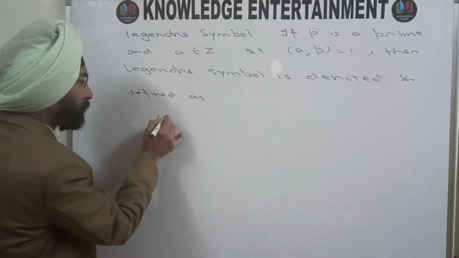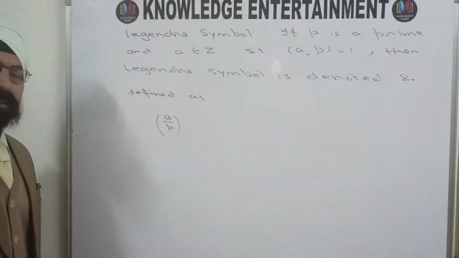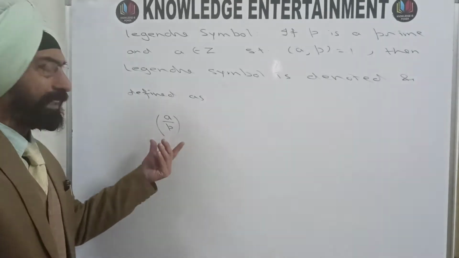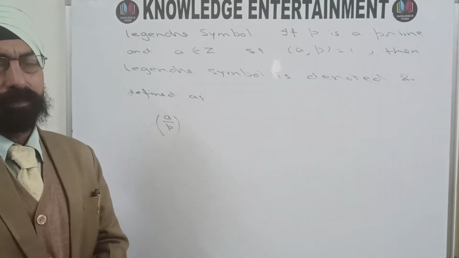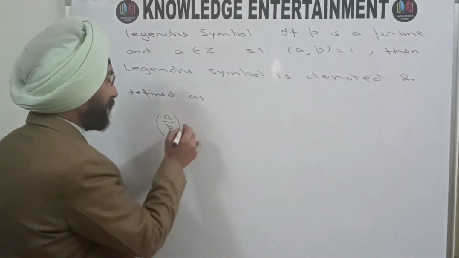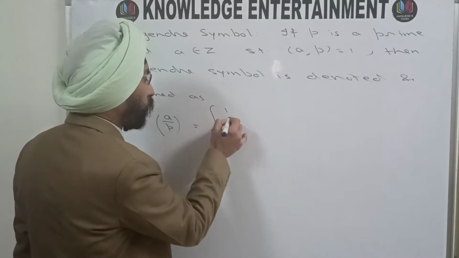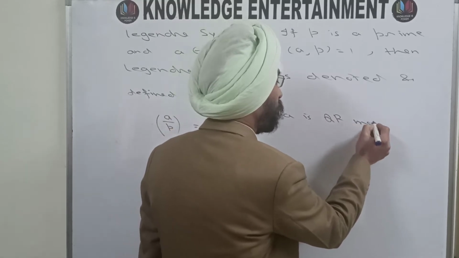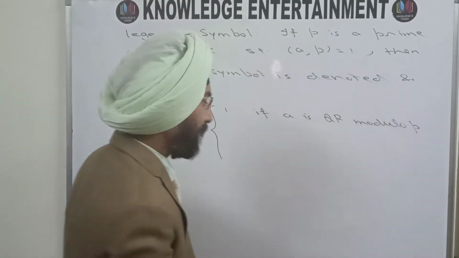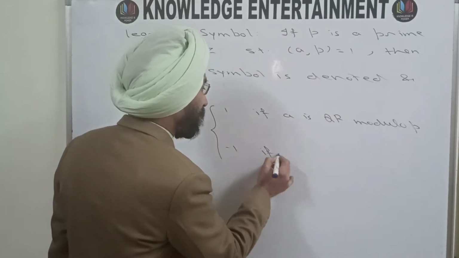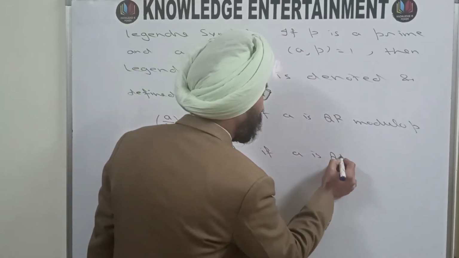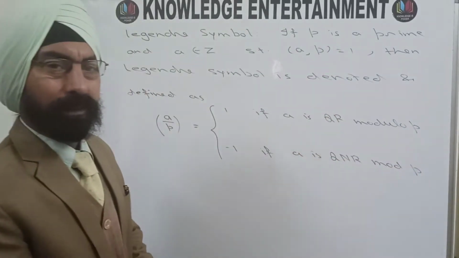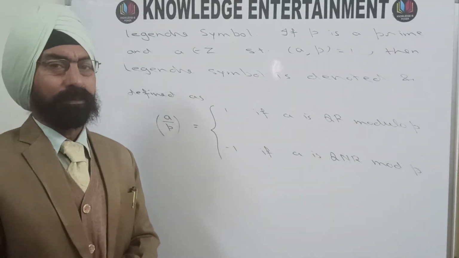We denote Legendre symbol as A by P within round brackets, and we will read it as Legendre symbol A by P. So Legendre symbol A by P is equal to 1 if A is a quadratic residue modulo P, and is equal to -1 if A is a quadratic non-residue modulo P. So this is the definition of Legendre symbol.